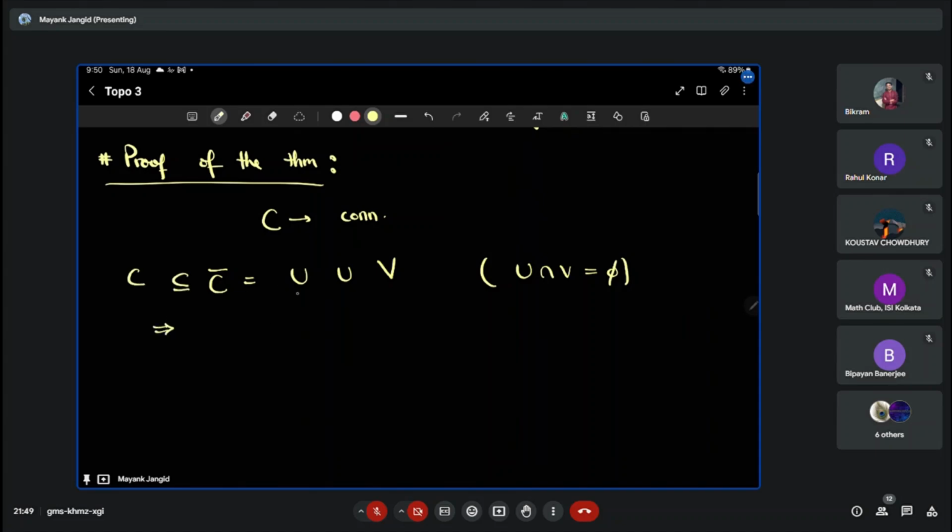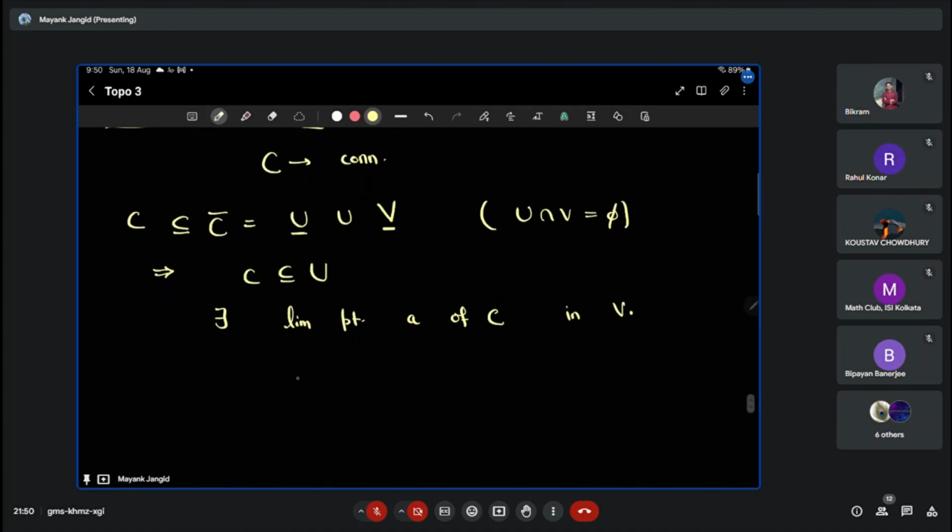Therefore, C will belong to one of these. Say C is a subset of U. But then, since U and V both are non-empty, V must contain some limit point of C. Therefore, there exists a limit point A of C in V. Otherwise, V becomes empty.